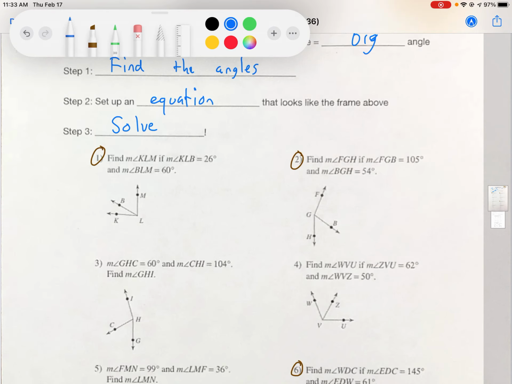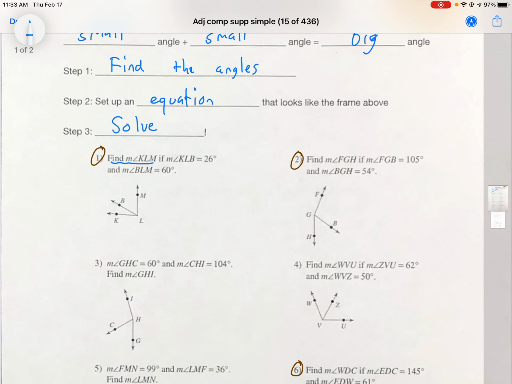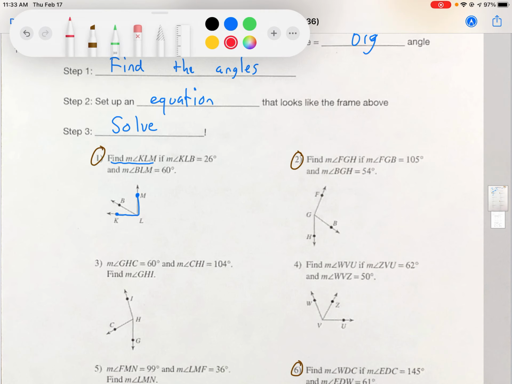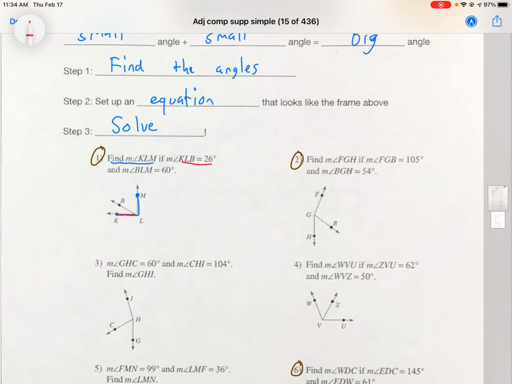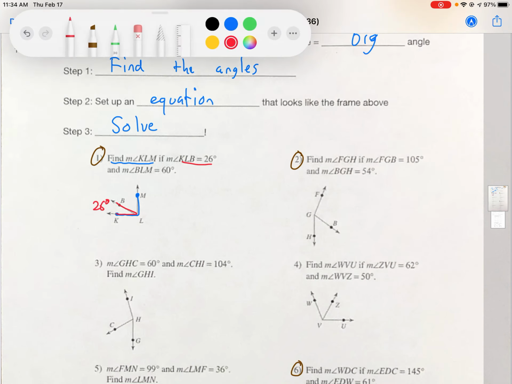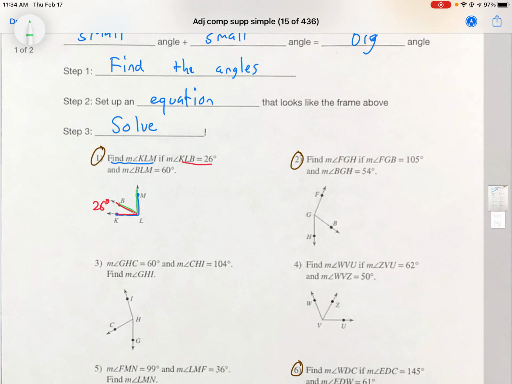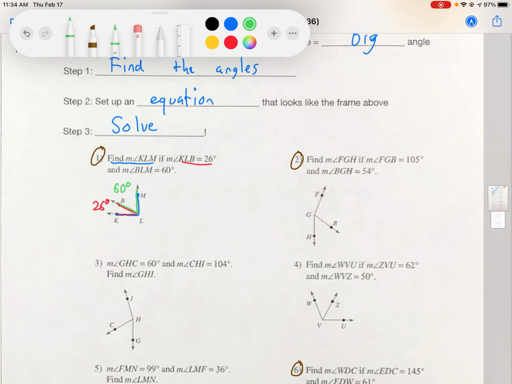So if I look at number 1, it starts by saying find the measure of angle KLM. This angle is the angle that starts at K, moves over to L, and comes up to M. So this is my big angle. The next thing I know is that KLB, this one, is 26 degrees, and BLM, the other small angle here, is 60 degrees.